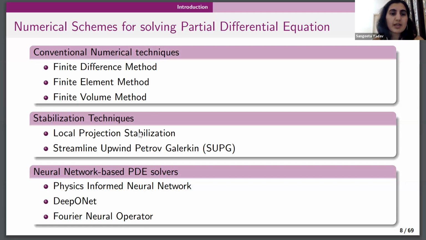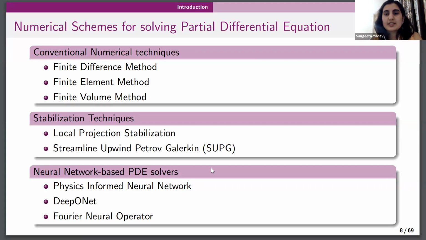So we use stabilization techniques such as local projections, streamline upwind, perturbed Galerkin, and many more. And then there is a third category of techniques, which are neural network based PDE solvers, which are very popular these days, such as physics informed neural network, and a few more extensions of physics informed neural network, DeepONet or Fourier neural operator, and many more.